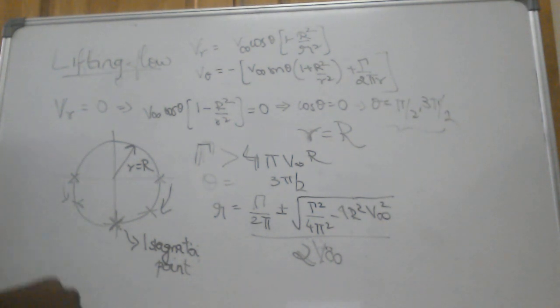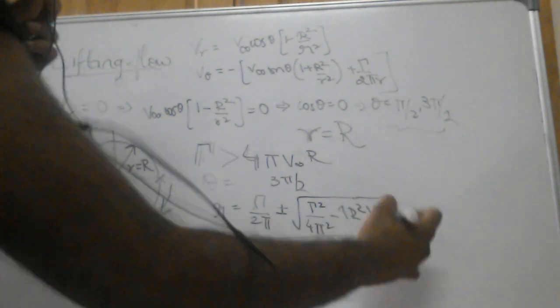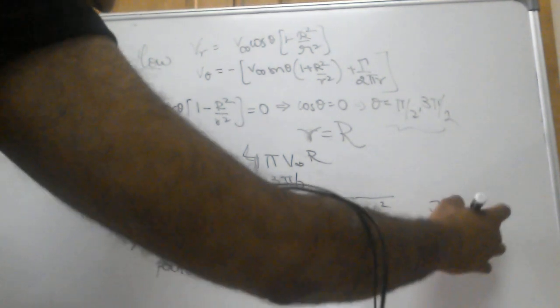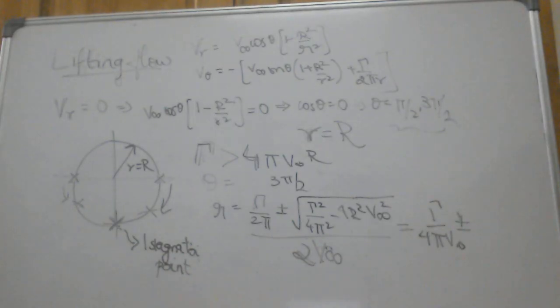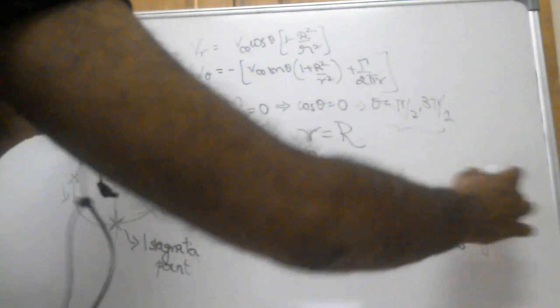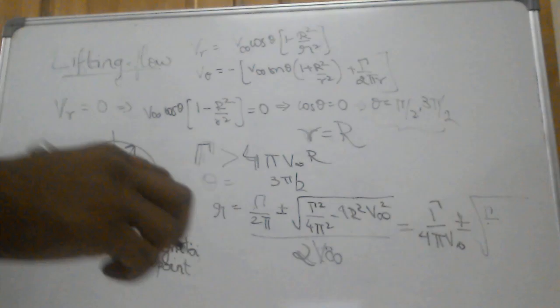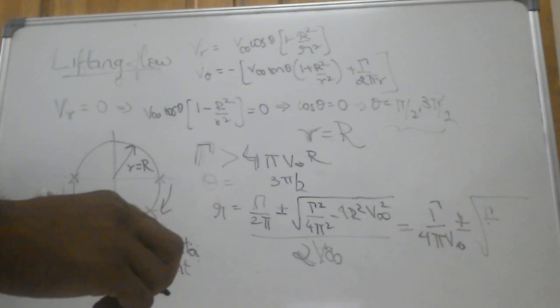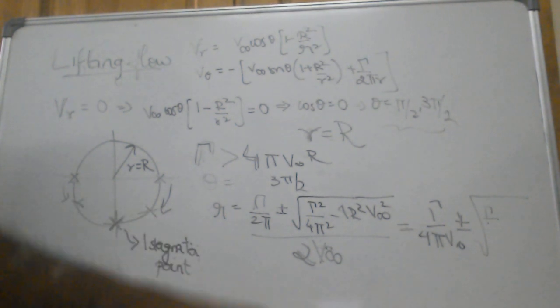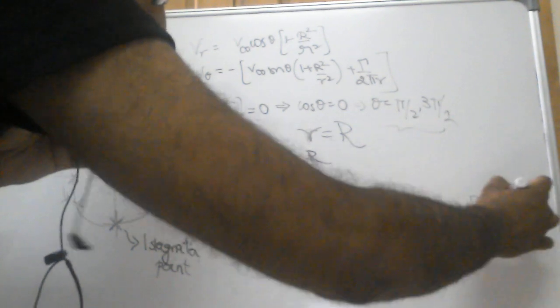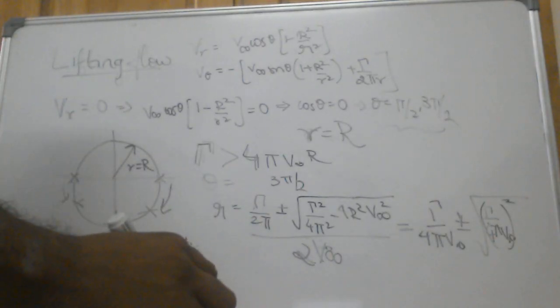Now if you look at this expression, what you would get is gamma by 4 pi v infinity plus or minus, if I take the 2 v infinity into the square root, I would get gamma by 4 pi v infinity the whole square minus capital R squared.